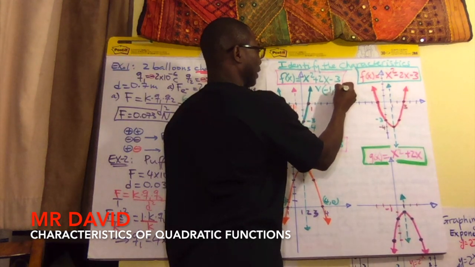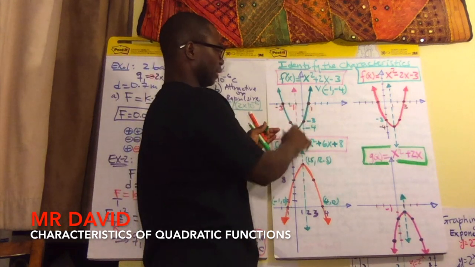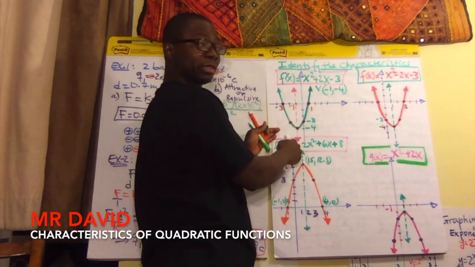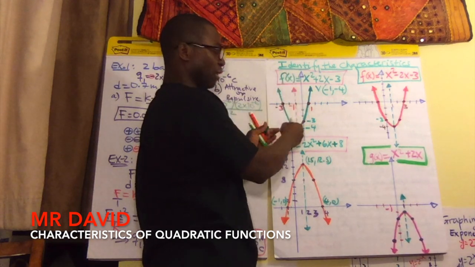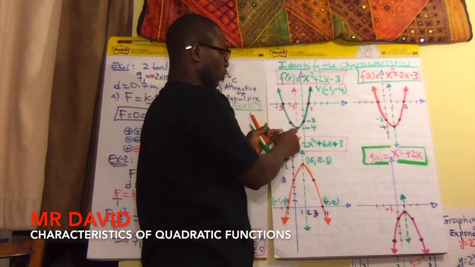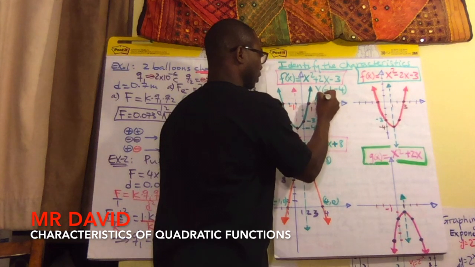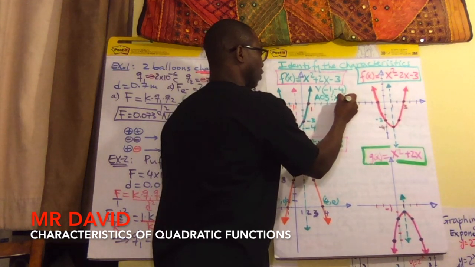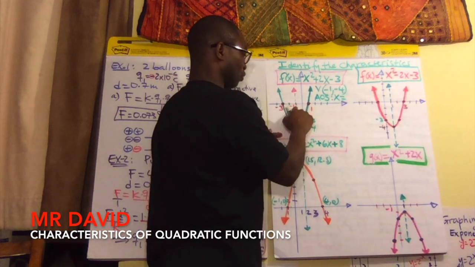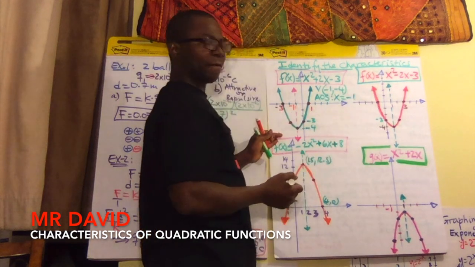That's really easy. This line that separates the graph in half is the axis of symmetry. It goes through -1, so the axis of symmetry is x equals -1.